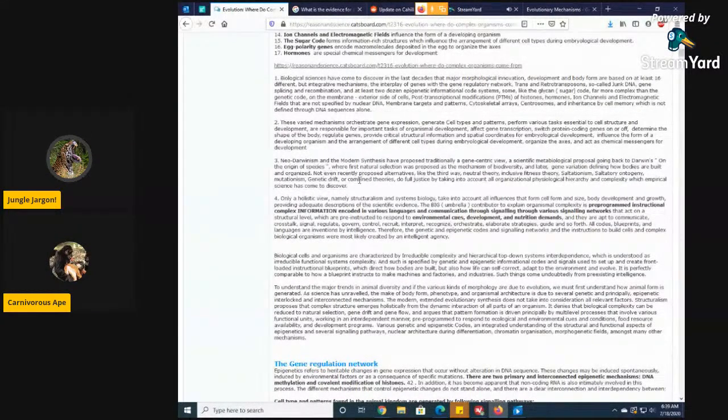Not even recently proposed alternatives like the third way, neutral theory, inclusive fitness theory, saltationism, saltatory ontogeny, mutation, genetic drift, or combined theories do justice by taking into account all the organizational, physiological hierarchy and complexity which empirical science has come to discover.